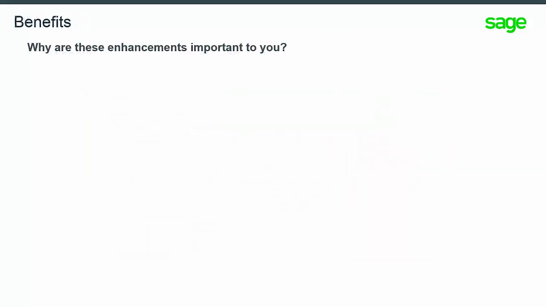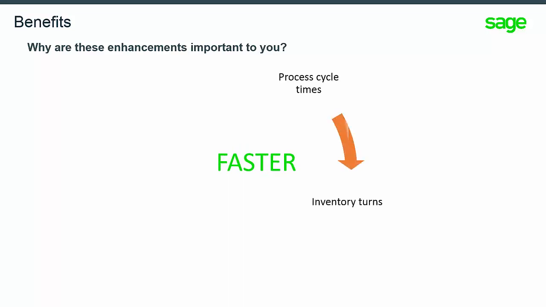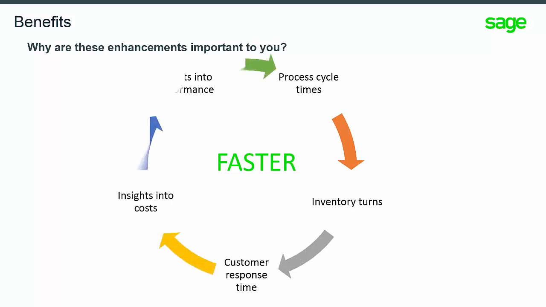So why are these enhancements important to you? Well, they provide a workflow and environment that is faster and simpler to use, and more flexible in all the major business modules within the software. You'll realize faster process cycle times, inventory turns, customer response time, insights into costs, and performance, just to name a few.